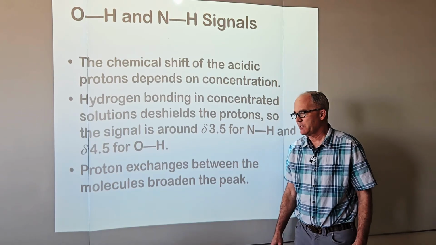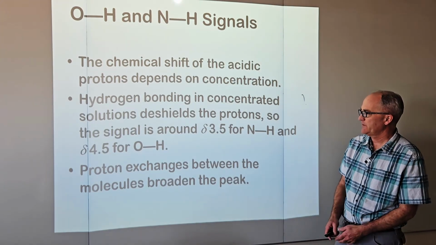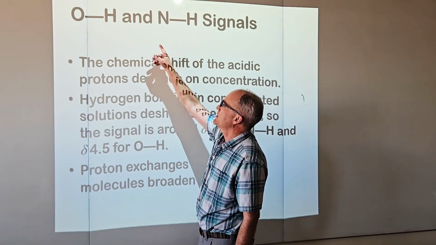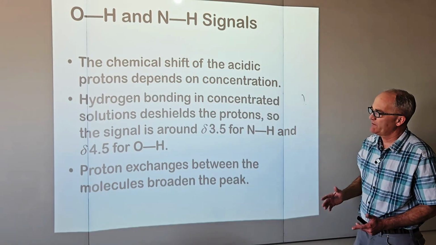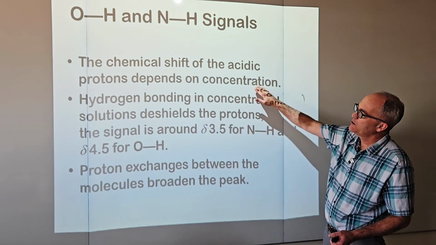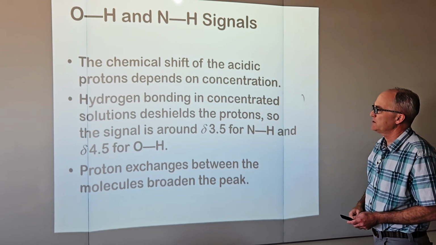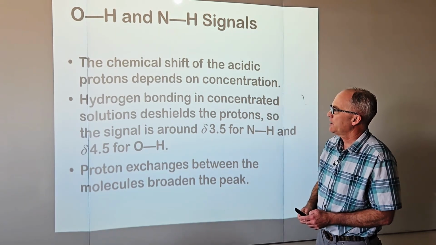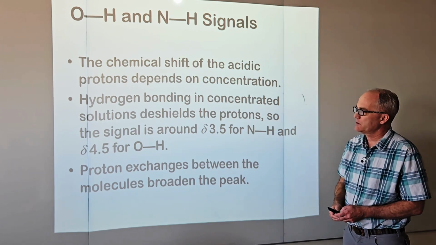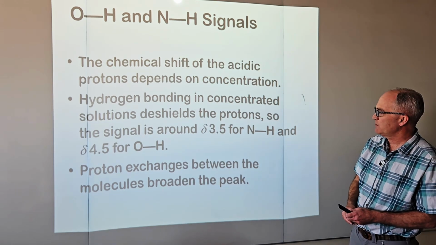We left off looking at the table of chemical shifts, and it said where these things absorb was somewhat variable, and that's due to this thing here. The chemical shift of the acidic protons depends on the concentration. Hydrogen bonding in concentrated solutions deshields the protons.